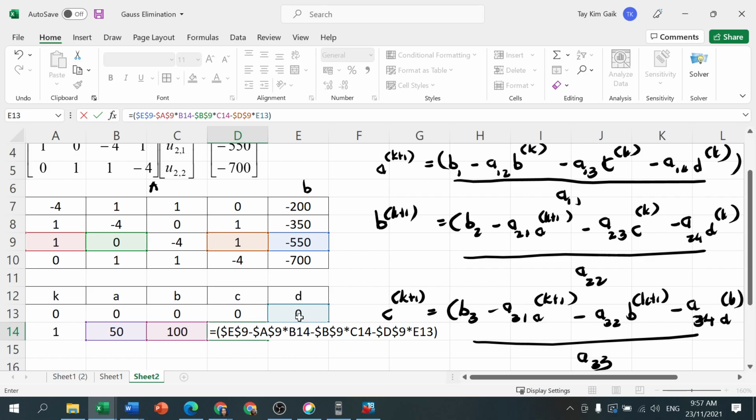Close the bracket, divide by A33. This will be the general formula, so that later on when you change A and B, the answer comes out automatically.